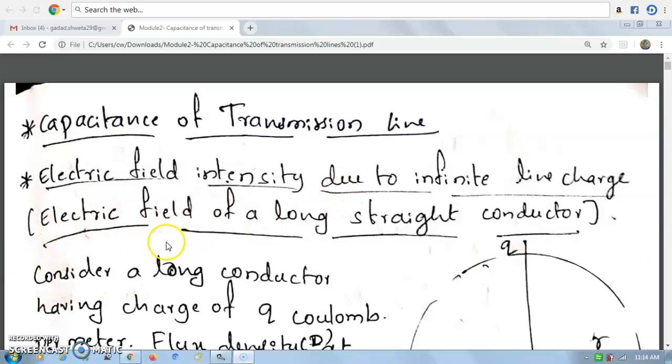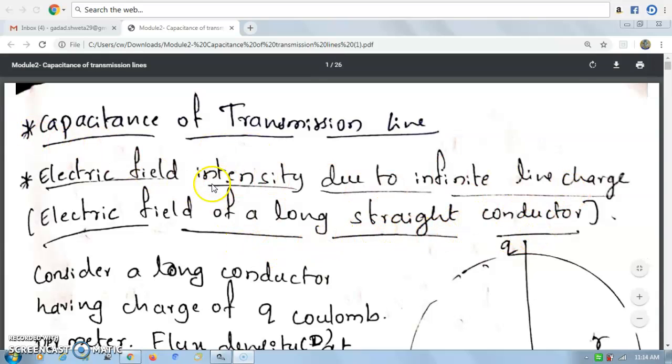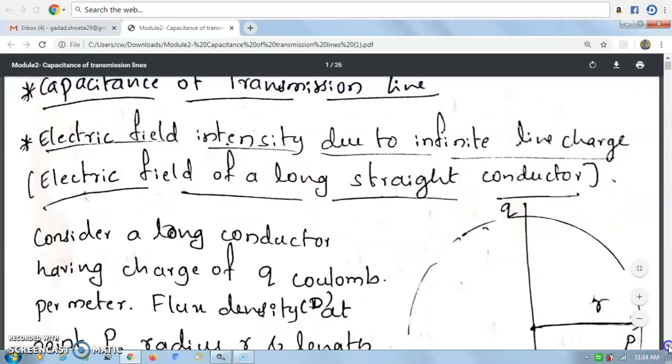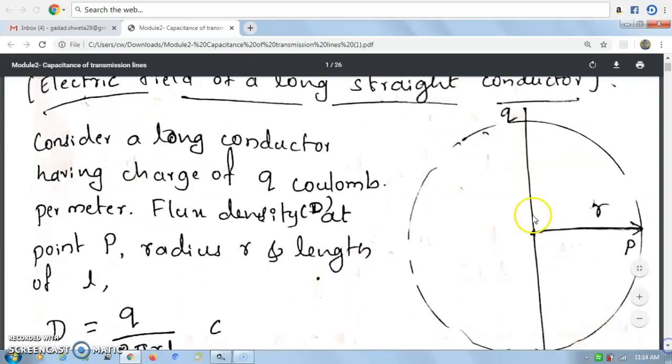Okay. Let's see the first topic: electric field intensity due to infinite line charge, or electric field of a long straight conductor. This derivation was already studied in the field theory subject, right? So here I am considering a long straight conductor of radius r placed in a uniform medium as shown here.